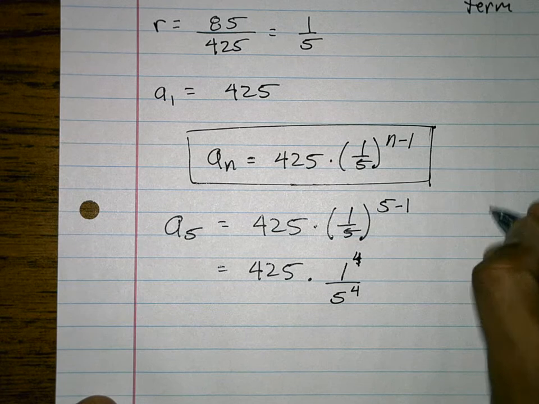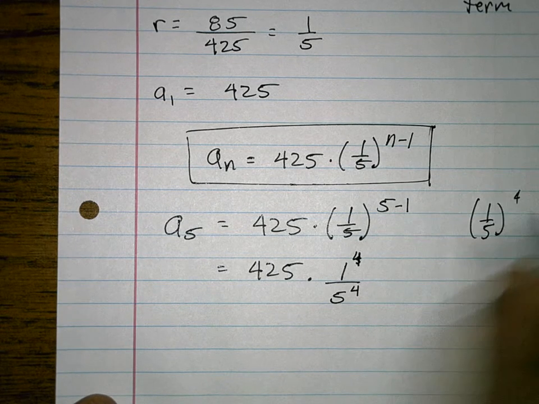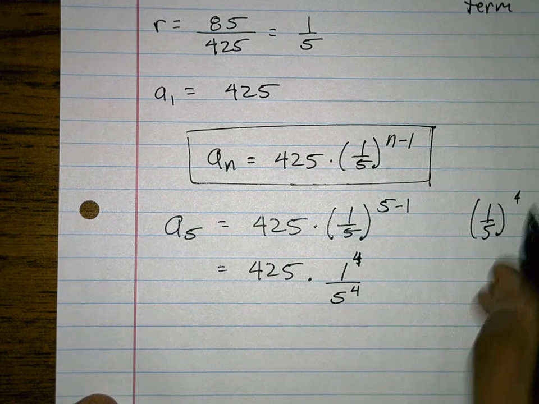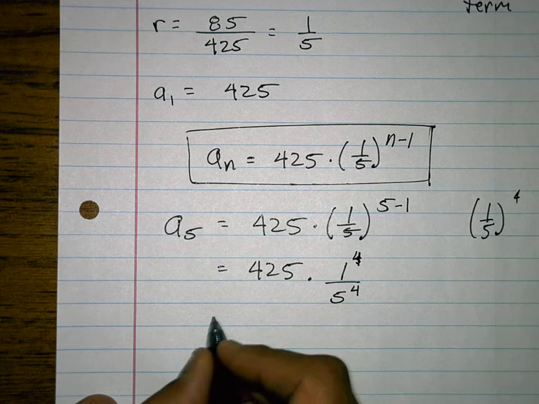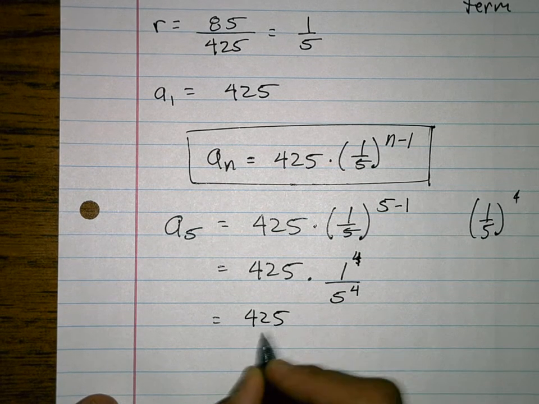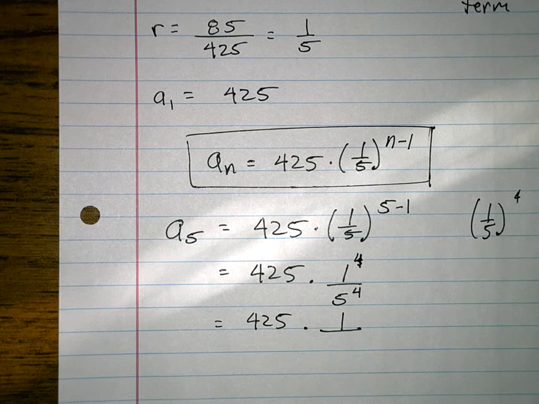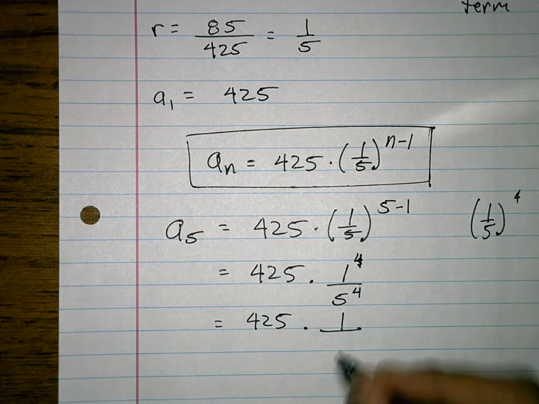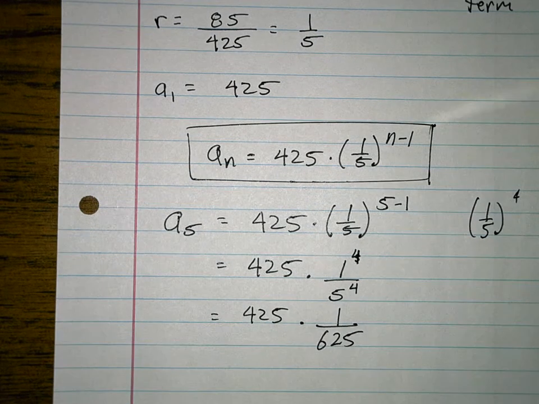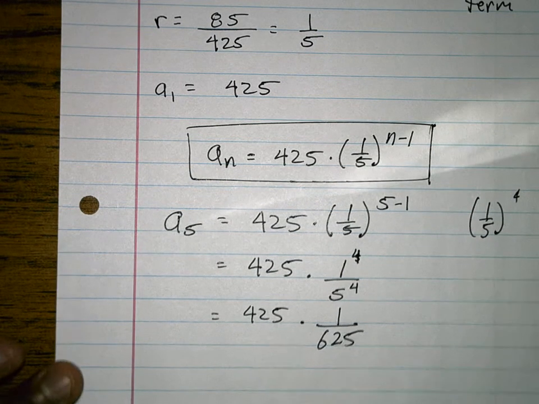Because this right here is going to be 1 to the 4th, just this part right here. So I put the power on both of those. And then I say 425 times 1 over, and then 5 to the 4th is 625. All right, 625.